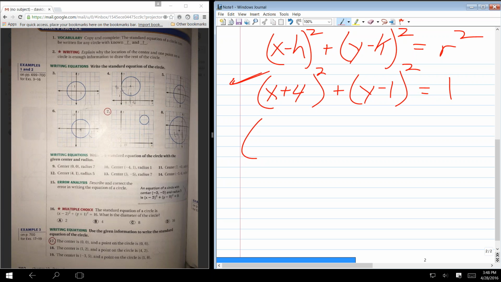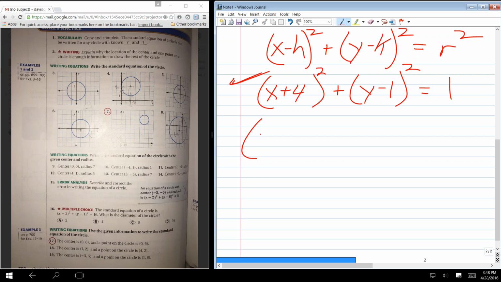So number 13, what's it going to be? I'm jumping around just because I can't quite read that one, and I want to make sure they're all the same. The only thing that changes here is the numbers.